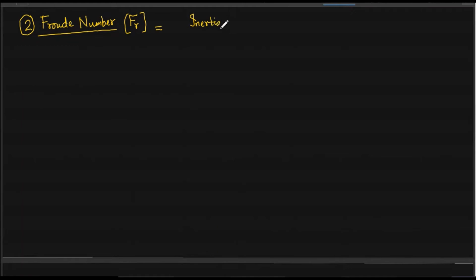So it is the ratio of inertia force to gravity force. This is what you should remember. Usually this is taken as a square root, so it is the square root of the ratio of the inertia force acting on the fluid to the gravity force involved. So this is Fi, and gravity force, let me write Fg.